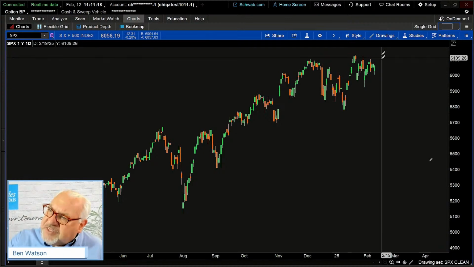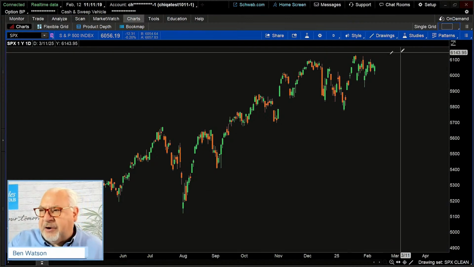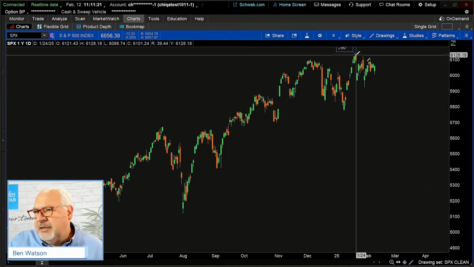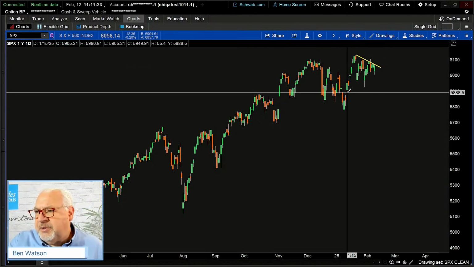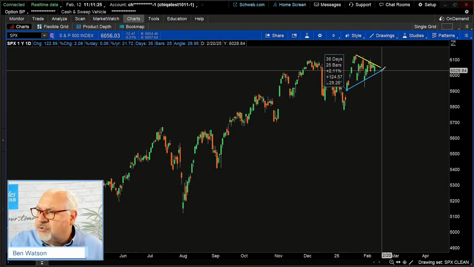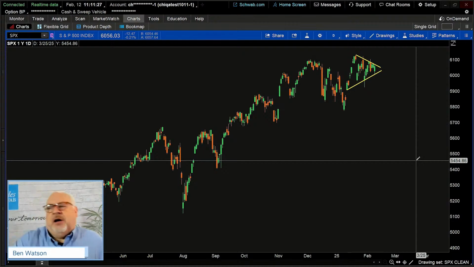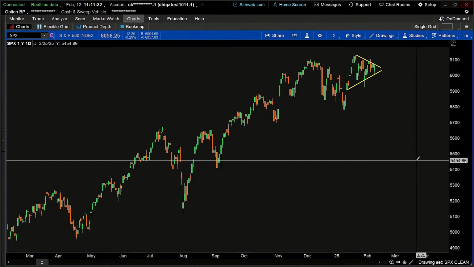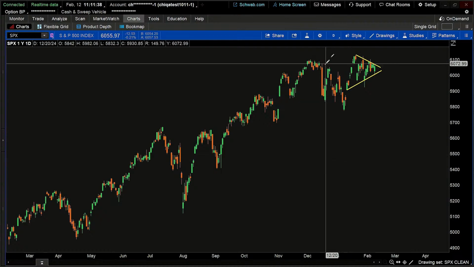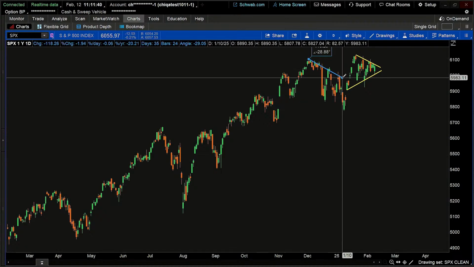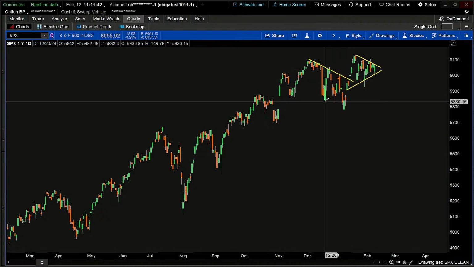But in and of itself, it's building a little bit of a price pattern here. We see a maybe symmetrical triangle look going on in the SPX. As we start to see this type of pattern, this can oftentimes occur. We saw one previously, and then it broke out.